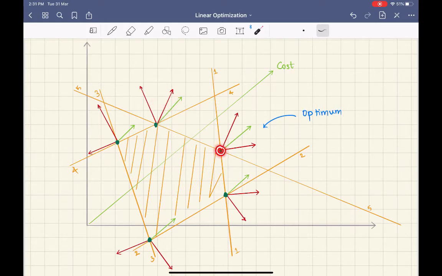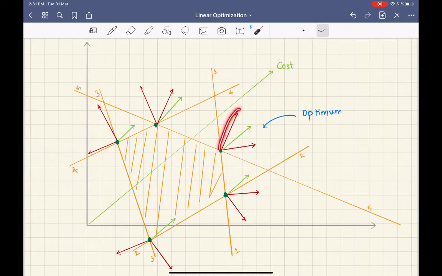But on the other hand, look at this. This is obtained as the intersection of this one, which is 5, and this one, which is 1. This is the normal to 5. This is the normal to 1, and this is the cost vector. And you see that the cost vector lies in the cone generated by these two, and hence it will be a non-negative combination of these two normals.